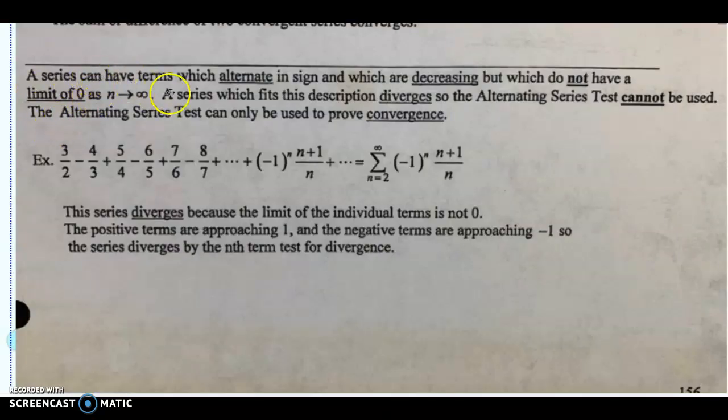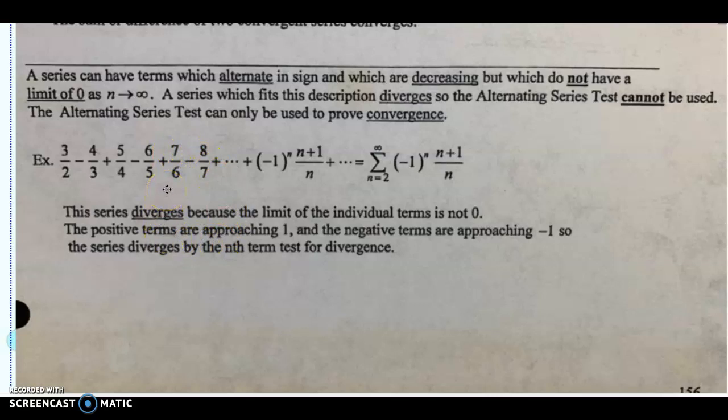We also can have series that are alternating sign and decreasing, but do not have a limit as n goes to infinity of 0. And this we cannot say diverges or converges by the alternating series test because we don't have those conditions met. So we have an alternating term, -1 to the nth power. We've got n plus 1 over n, so 3/2, 4/3, 5/4, 6/5. Each time the next term is getting smaller.